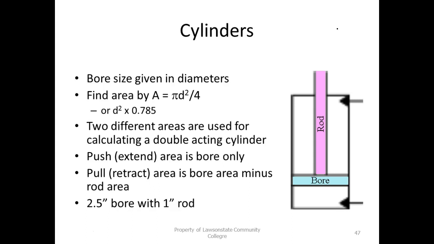But anytime we have a rodded cylinder, the cylinders that we have over here have a rod on them. And what's the purpose of the rod? Well, it's to transfer the power from the piston to the outside world, right? So the rod comes out the side of the cylinder. Now, what do you notice about the area?